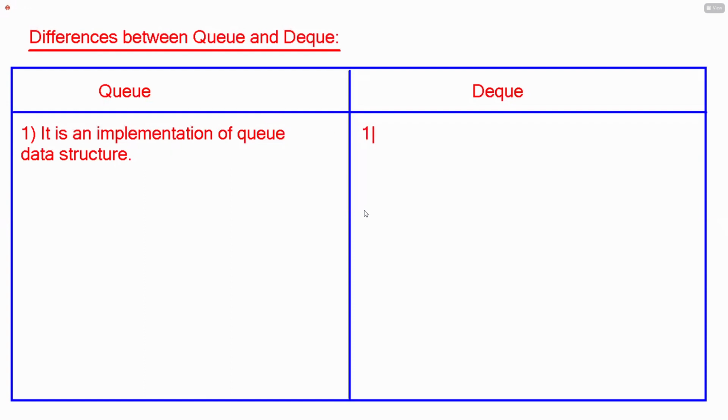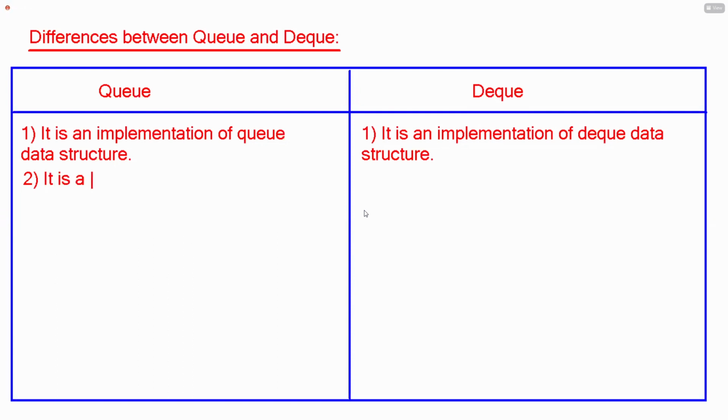Queue is a first in, first out list. Deque is not a first in, first out list.